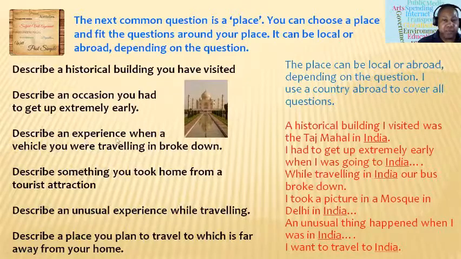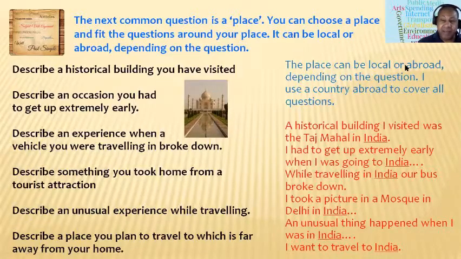The vehicle you were traveling in broke down when you were in this place. You took something home from this place. An unusual travel experience was while you were traveling in this place. And describe a place where it says a place you plan to travel to. So that's self-explanatory. So this place can be local or abroad.